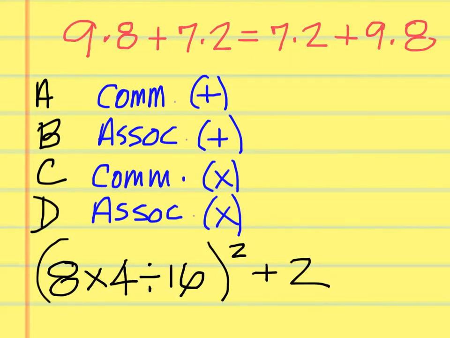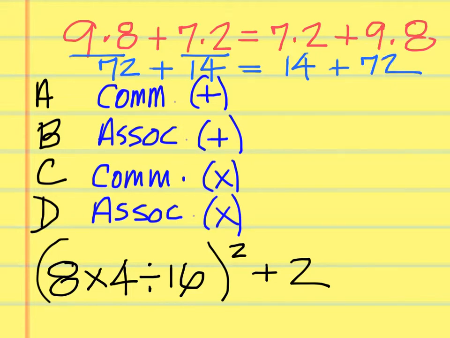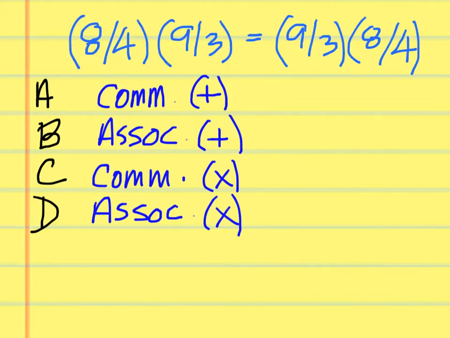In this problem, you have 9 times 8 and 7 times 2 on one side. That's the same thing as 72 plus 14. And on this side, you would have 14 plus 72. So when you simplify that, it turns out to be the commutative property of addition, A. 8 divided by 4, 9 divided by 3.